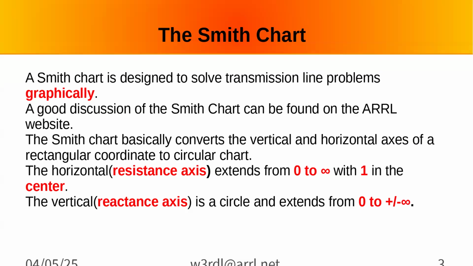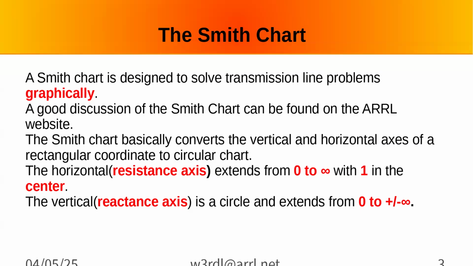So I still have the intersection of what were the vertical and horizontal lines, except now it's the intersection of a circle and an arc instead of a horizontal and vertical line. The one thing that doesn't change is the horizontal or resistance axis. It's still a straight line, and it goes from 0 to infinity, with 1 being in the center.